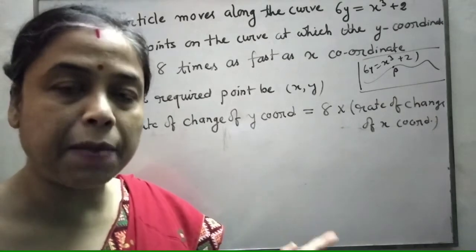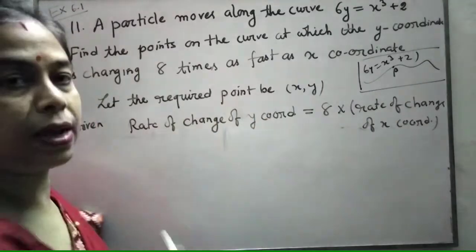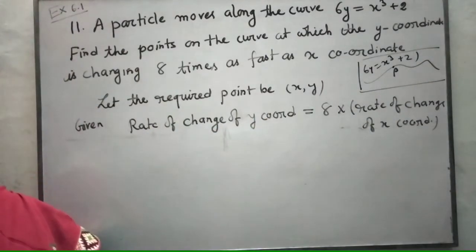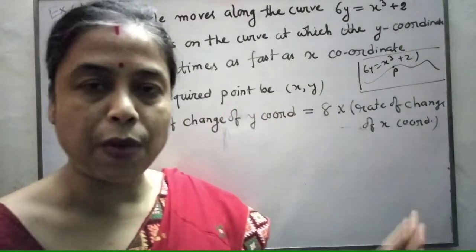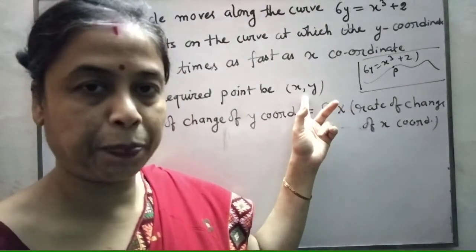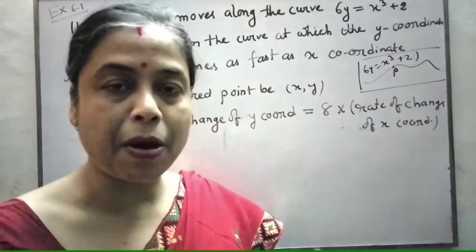As our aim is to get the point, I have considered the point as xy in the solution. Let the required point be xy. You may consider another point also, x1, y1 or like that, but I just consider this as xy so that we can do the calculation easily. Now what is given about the rate of change?